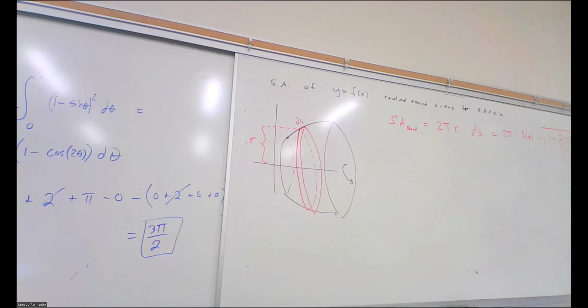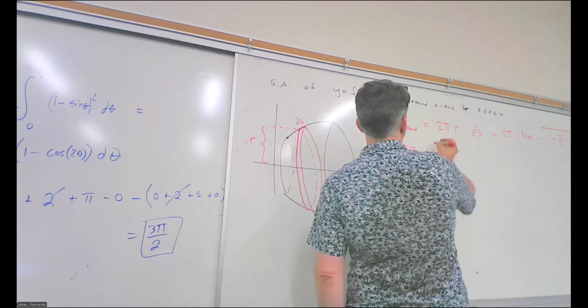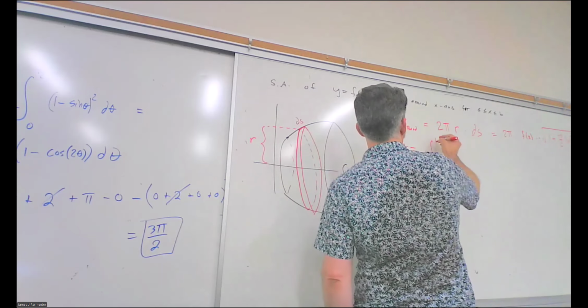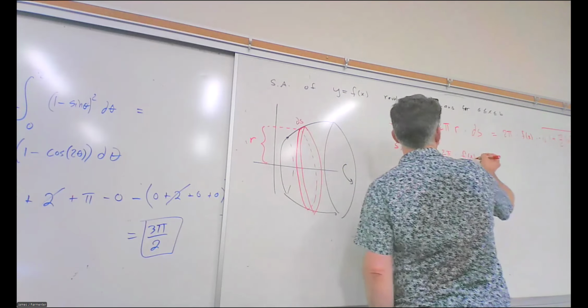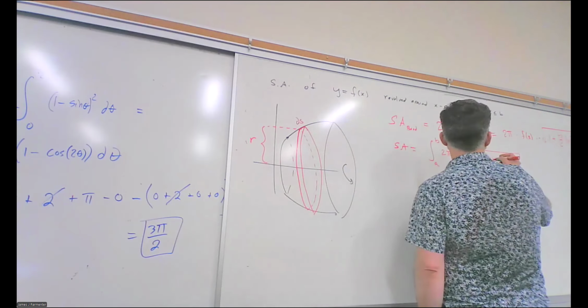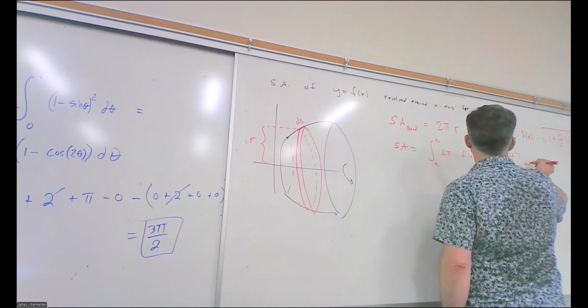And then your total surface area would just be the integral from x equals a to x equals b of 2 pi times f of x times the square root of 1 plus f prime of x squared.